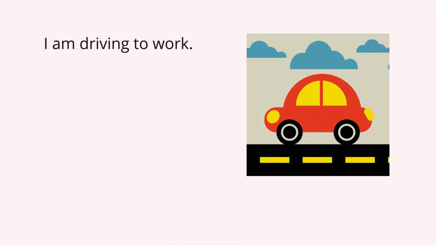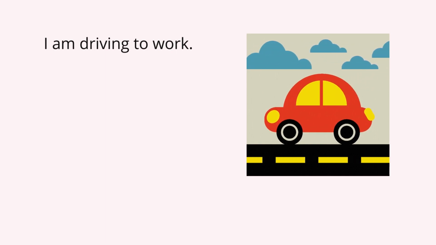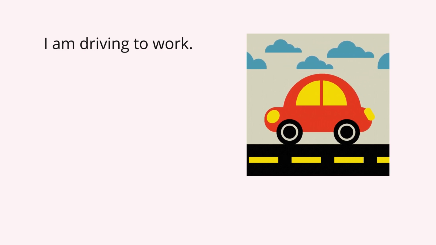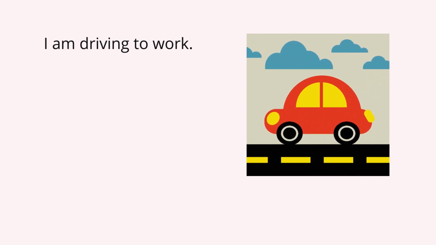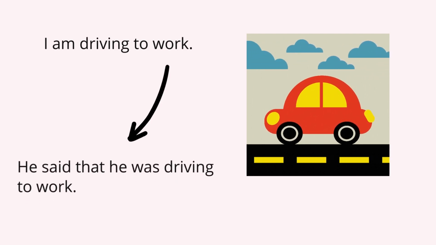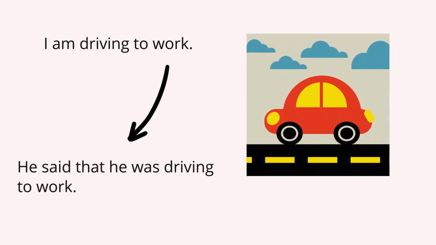For example, "I am driving to work." This is direct speech in the present continuous tense. The reported speech would then be, "He said that he was driving to work." We change the present continuous tense to the past continuous tense.